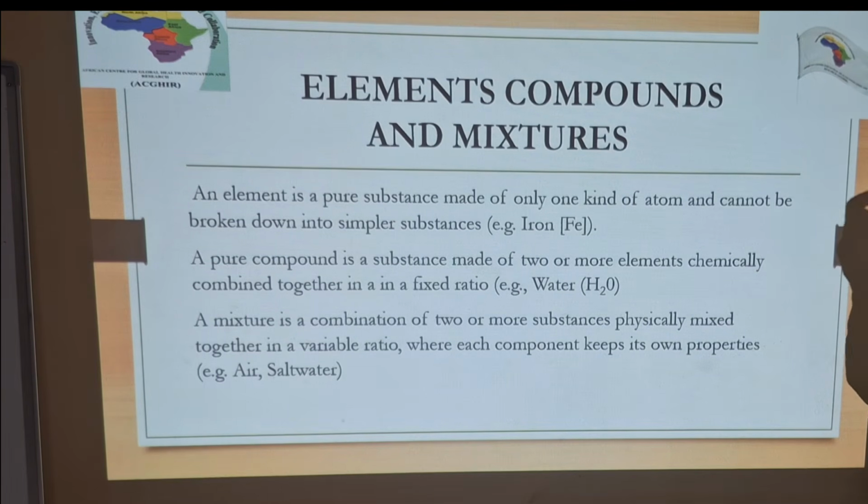A mixture is a combination of two or more substances physically mixed together in a variable ratio, where each component keeps its own properties, for example, air and salt water.